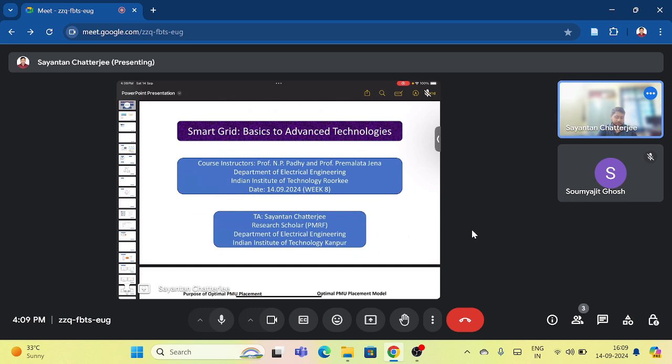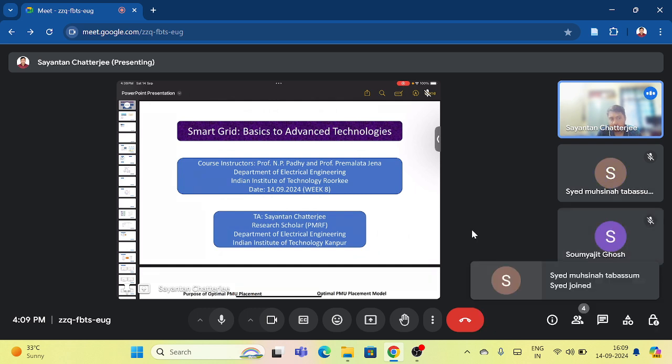So the purpose of placing the metering equipments all throughout the system is mainly led by the overall system observability, that wherever each and every part needs to be monitored closely, and that is the major aim with which we would be trying to ensure that our cost is also reduced to some extent.